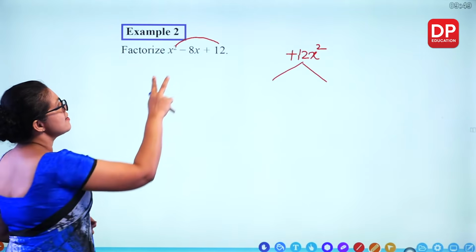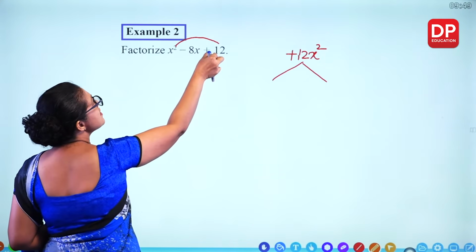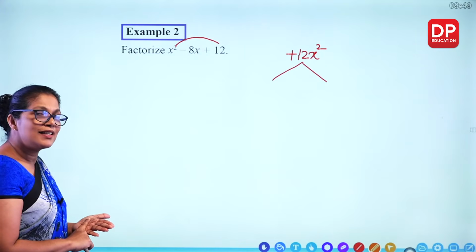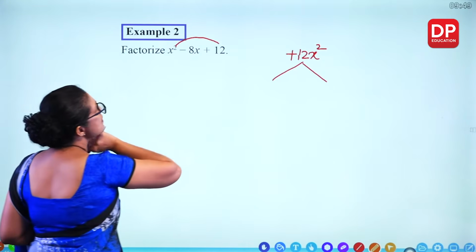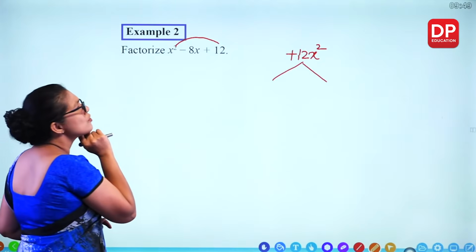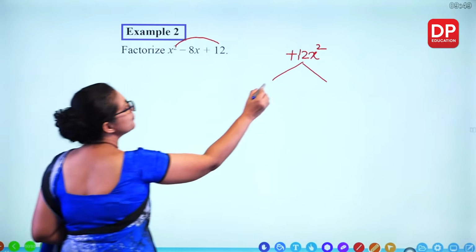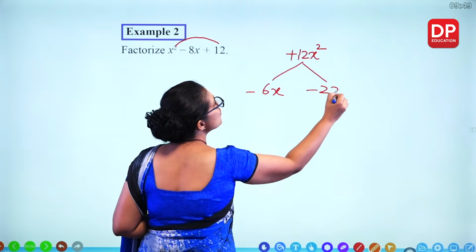Tell me, this is the second part we did. This is minus, this is plus, means both the factors are negative. So here find both negative factors to get positive 12x squared. So what are the suitable factors? 6 and 2. So 6 and 2 you get minus 6x and minus 2x.